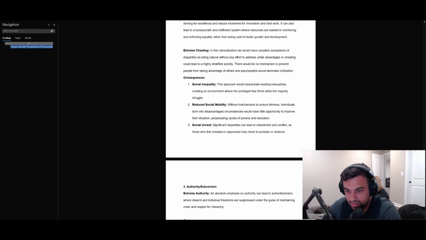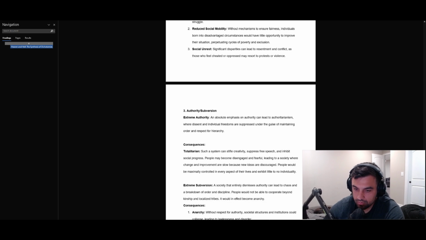Significant disparities can lead to resentment and conflict, as those who feel cheated or oppressed may resort to protests or violence. So, again, with consideration to cheating and preventing it, it's pretty easy to try to prevent, but in practice, it's much harder. But what we need is people to properly orient themselves towards the equilibrium between these two.